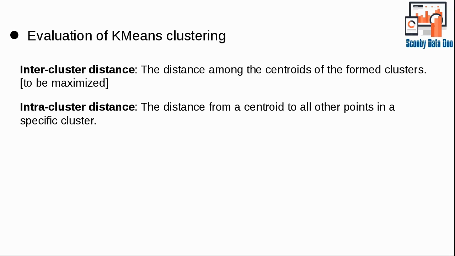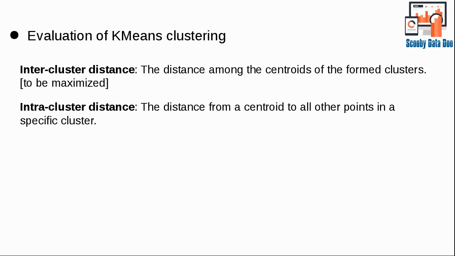Now the intracluster distance is about calculating distance among the data points from a centroid point of a specific cluster. So this is the distance from a centroid point to all the data points of a specific cluster, right?